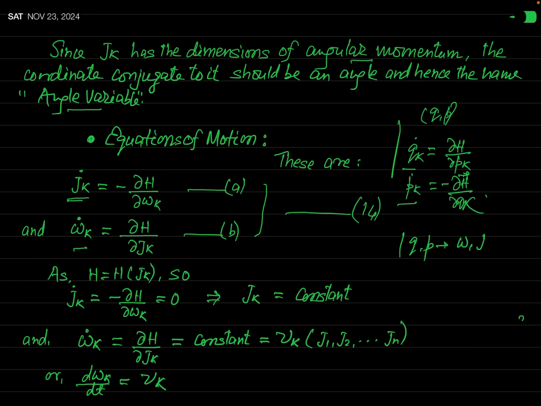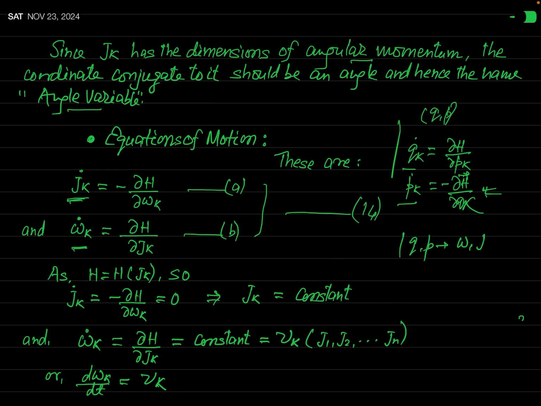Actually, in this case the Hamiltonian will not change, because the Hamiltonian contains the action variable. Moreover, the generating function W is time independent. So the new and old Hamiltonians are also the same, and that's why in this case you can write Hamilton's equations of motion in this manner: Jk dot equal to minus del H by del omega k. This is just analogous to the earlier equation.